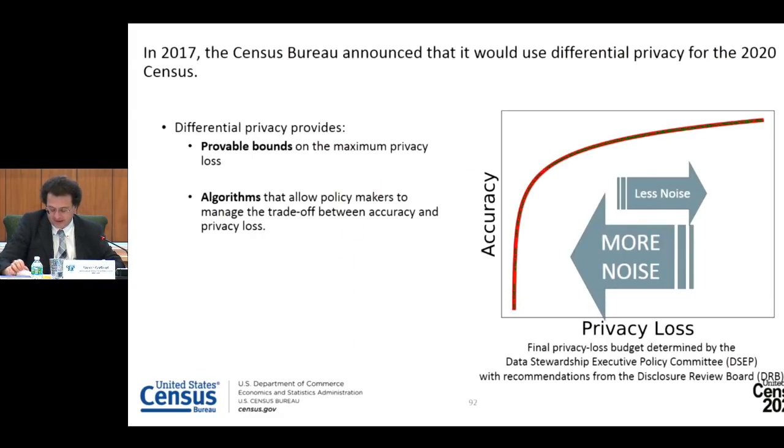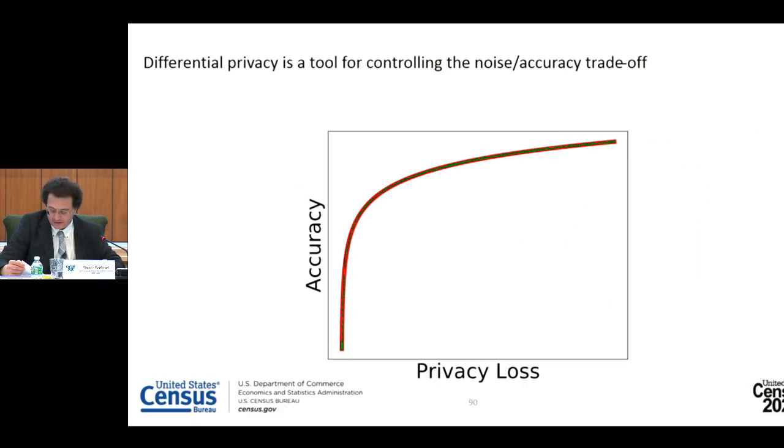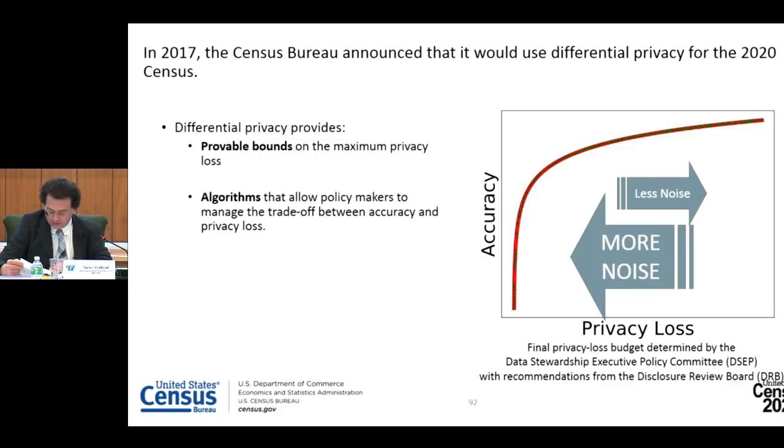In 2017, the Census Bureau announced that it would use differential privacy for the 2020 census. Differential privacy provides mathematically provable bounds on the maximum privacy loss. It also provides algorithms that allow policymakers to manage the trade-off between accuracy and privacy loss.